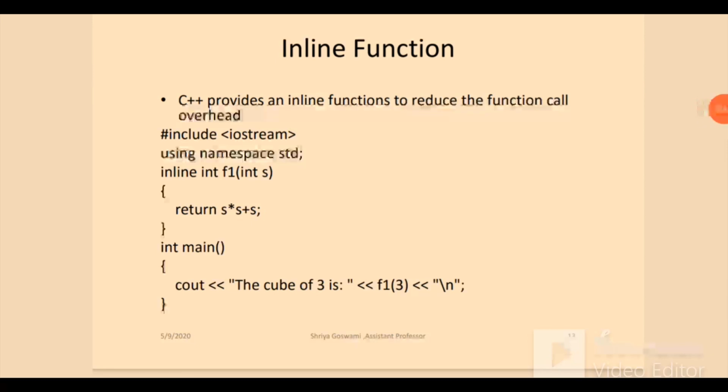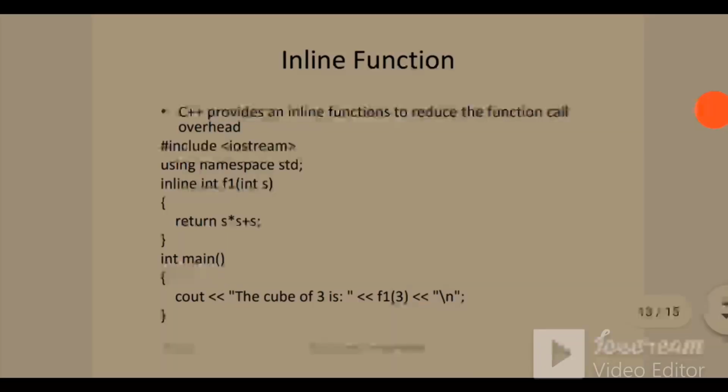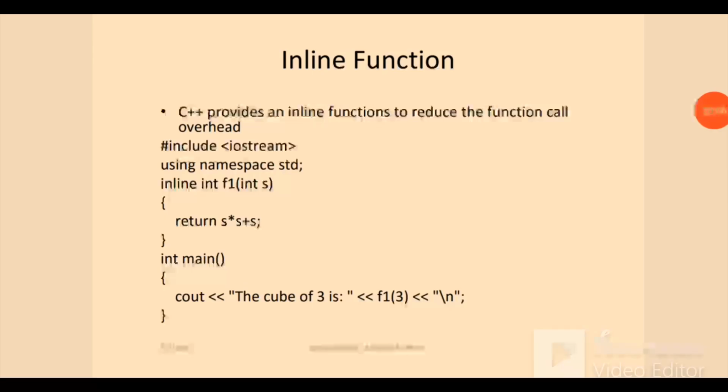Next one is the inline function. The inline function is a very important concept in C++. Sometimes this one is known as optimization of code. Every time a function is called, it takes a lot of extra time in executing a series of instructions for tasks such as jumping to the function, saving registers, pushing arguments into the stack, and returning to the calling function.